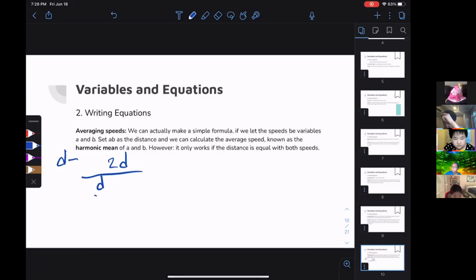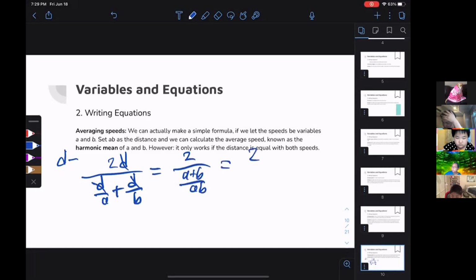Then d over a is the time for one part, and d over b is the time for the other part. And then you just cancel these d's, so you get 2 over (a plus b over ab) if you combine this fraction. So it's 2ab over a plus b, and this is known as the harmonic mean.